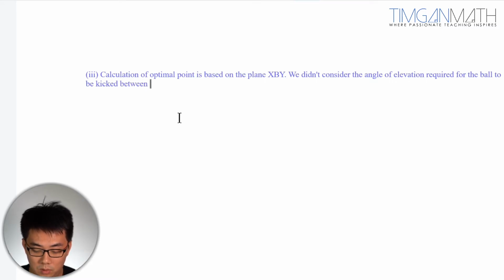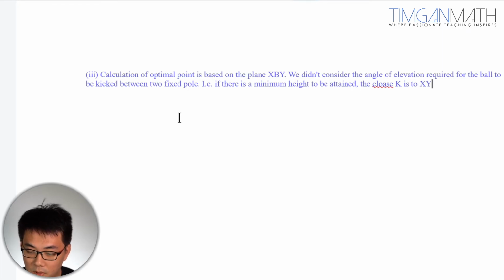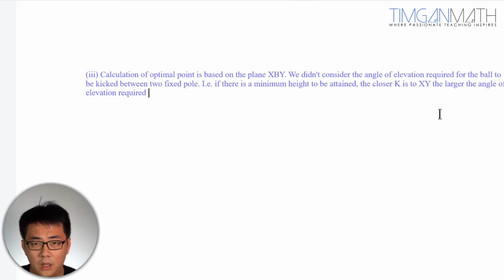between two fixed poles. Okay, so for example, if there is a minimum height to be attained, okay, the closer k is to xy, let me just write this down, the closer, the larger the angle of elevation required to score, okay.